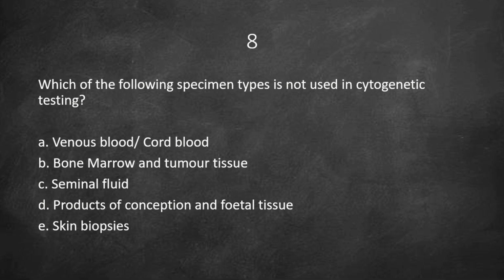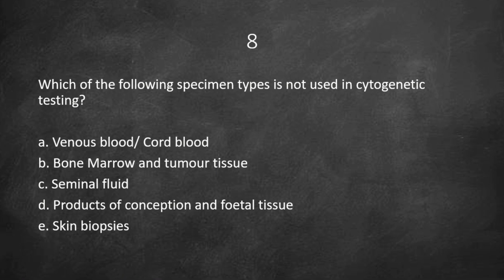If we take venous blood or cord blood, of course we can analyze the chromosomes in peripheral blood lymphocytes, or even cord blood cells for that purpose. Then if you take bone marrow and tumor tissue, that one too can be used. So you can study the chromosomal abnormalities in hematological malignancies or tumors.